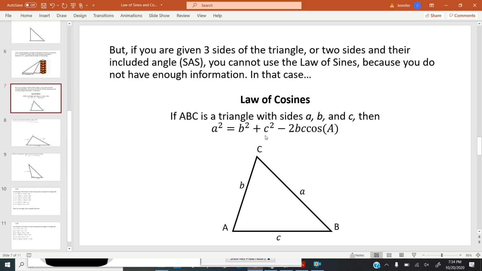And then b and c are just going to be the 2 other sides that you have. So we're going to do a couple of examples using the law of cosines.